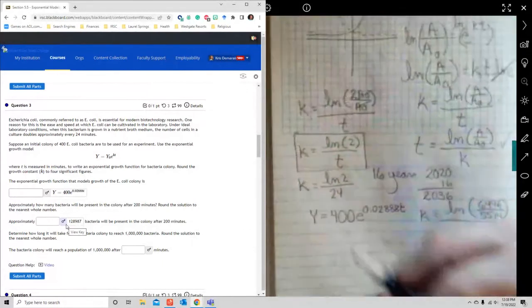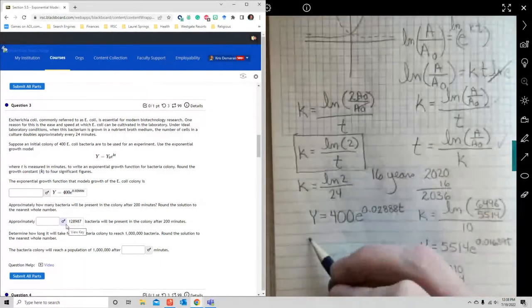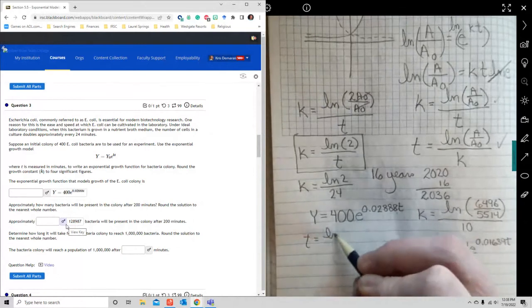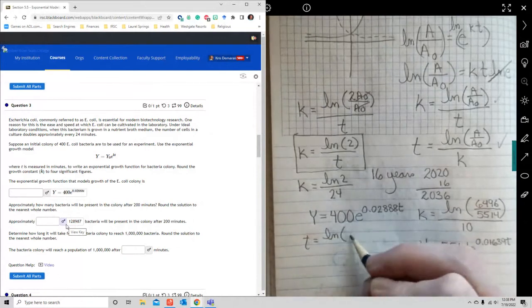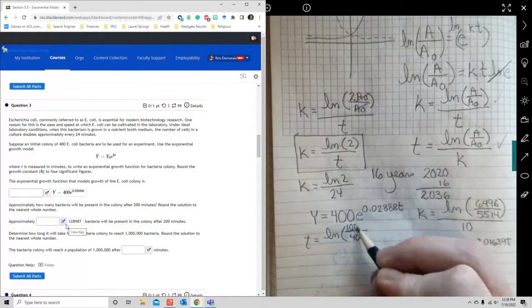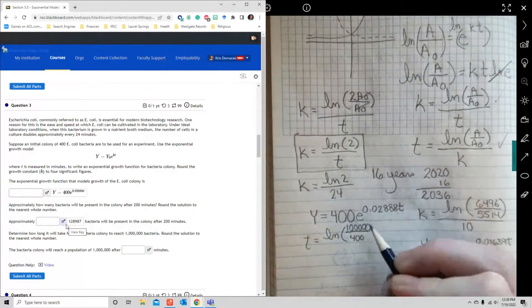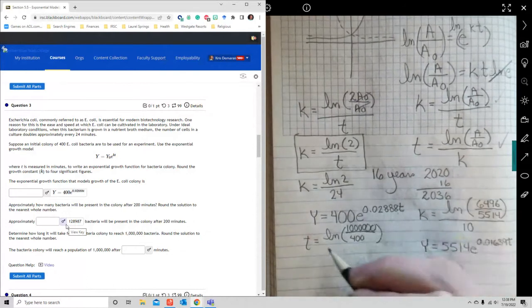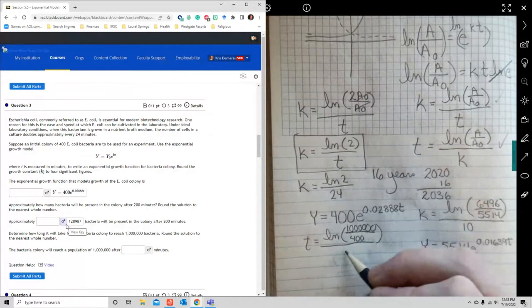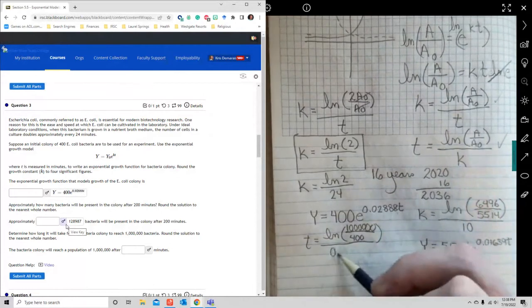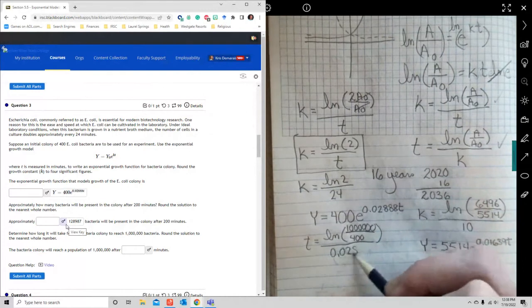We use the calculator to generate how much time is needed: ln of the projected 1 million over the initial 400, all divided by k, which is 0.02888.